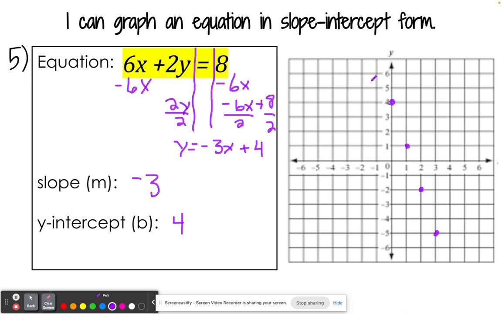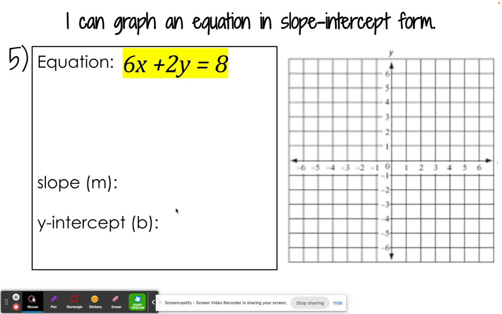And connect my points. I have a nice steep line there, and it's a negative slope.